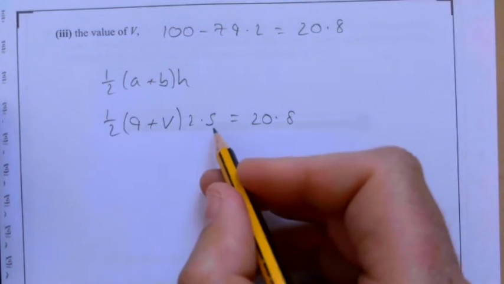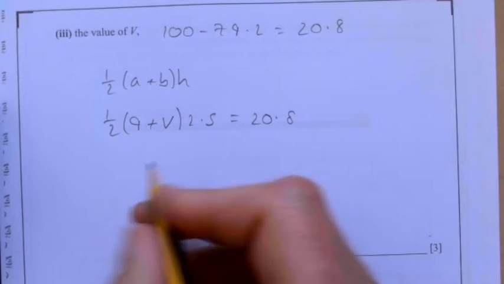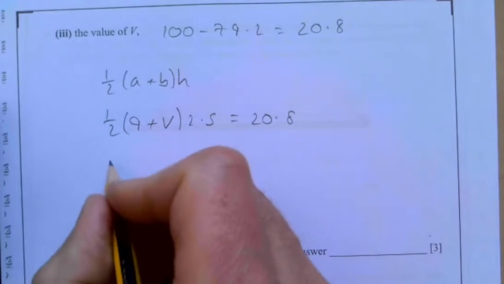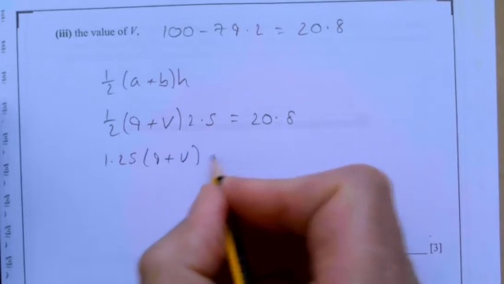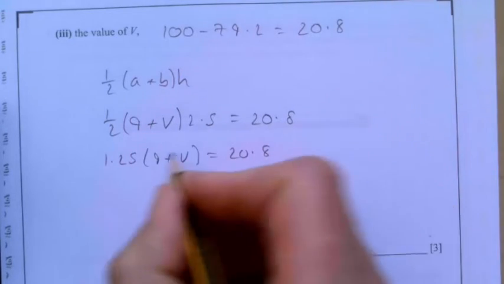So whatever way really you want to do that, that's going to be 1.25. A half times the 2.5 gives me 1.25. (9 plus v) is 20.8. You could multiply out your bracket.